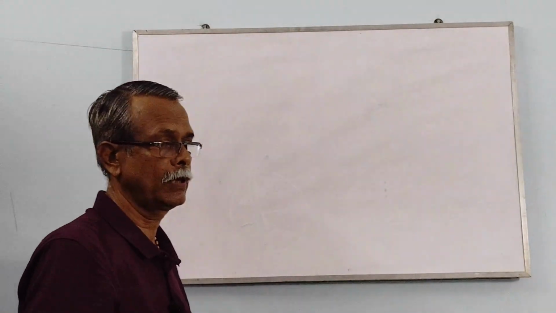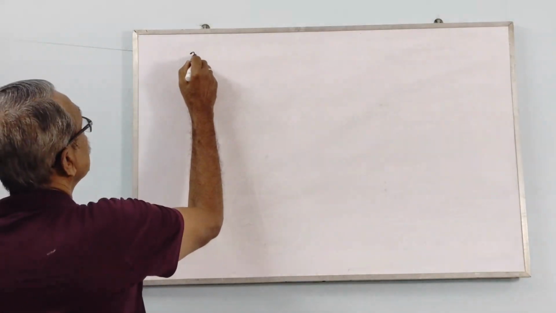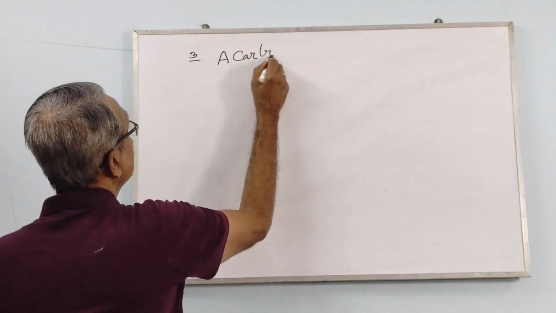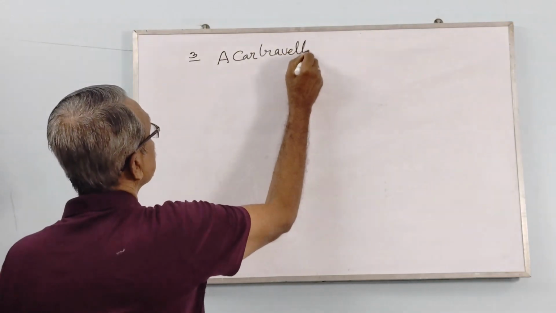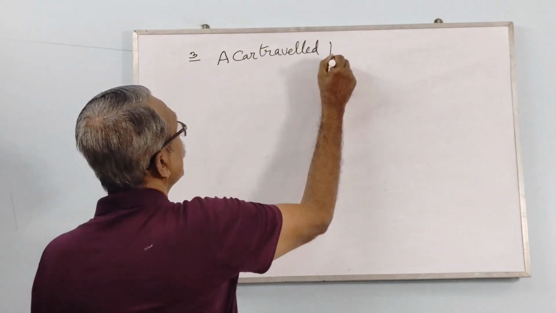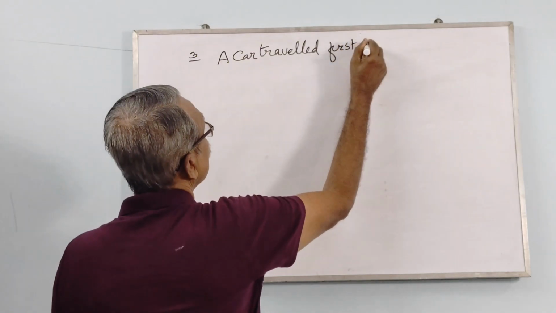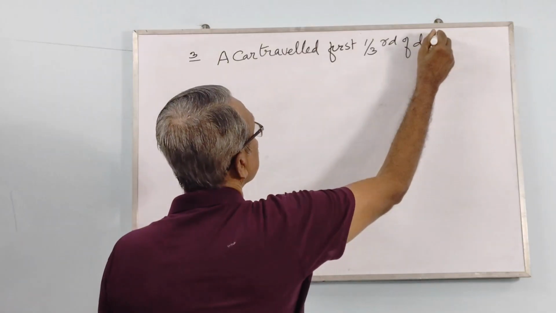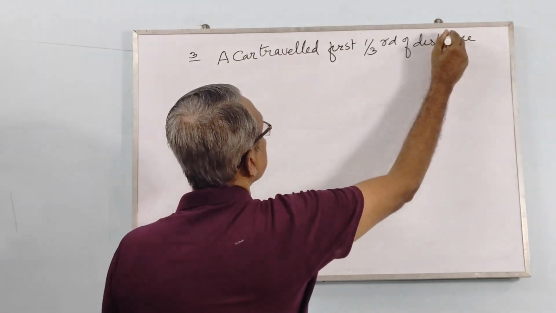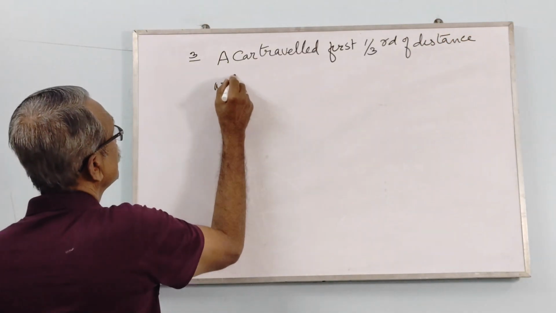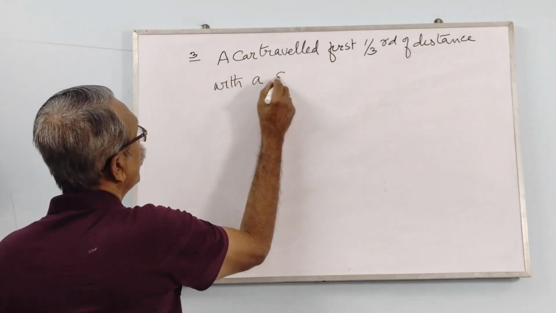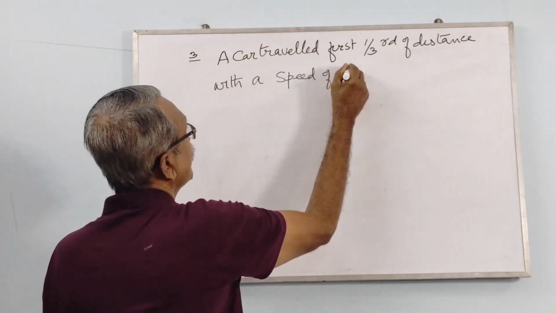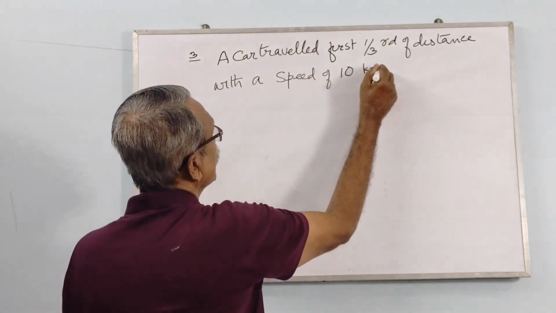Third question. A car traveled first 1/3 of distance with a speed of 10 kilometer per hour.